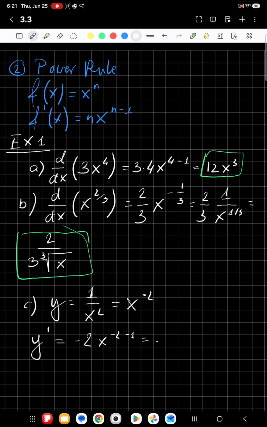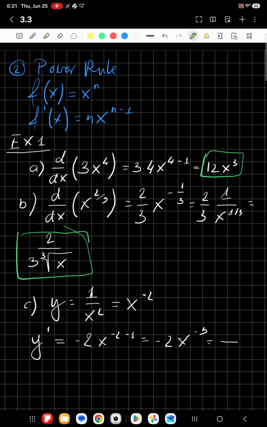So we have negative 2, and then x to the negative third. And then just like in the previous example, that negative in the exponent is going to move that variable. So guys, I hope you understand. The way it is written now, that negative 3 applies only to x. It doesn't apply to the 2 or the negative.